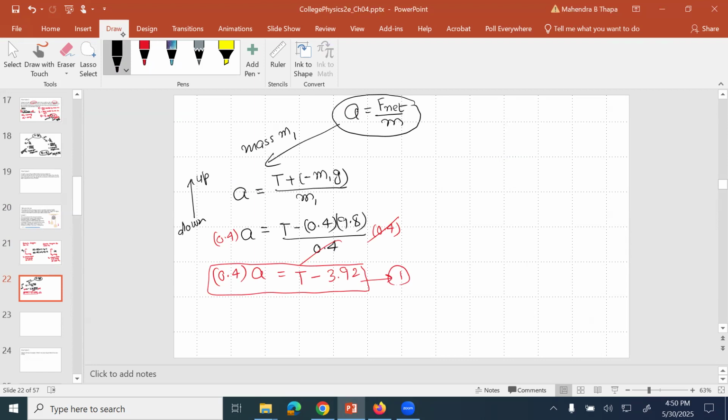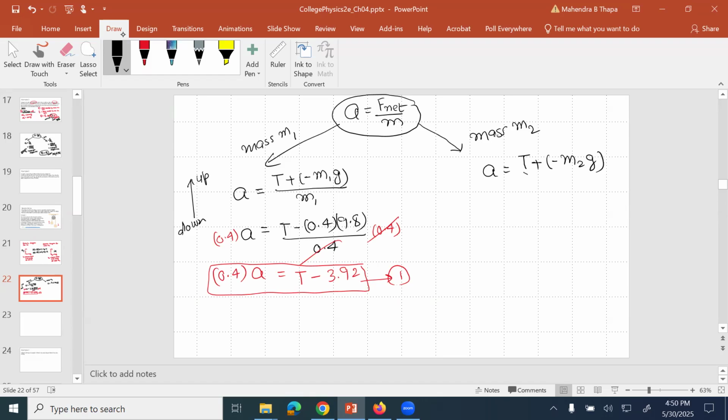Let's do a similar step for mass M2. Again, A equals T minus M2 g.